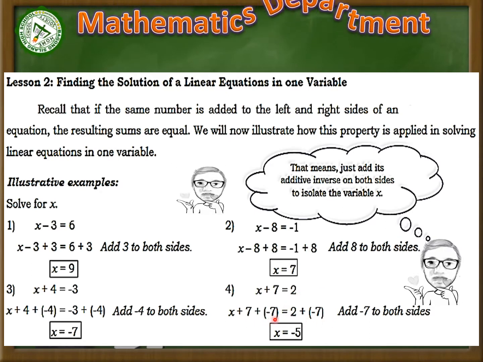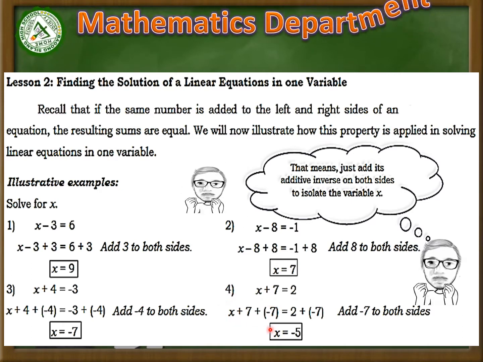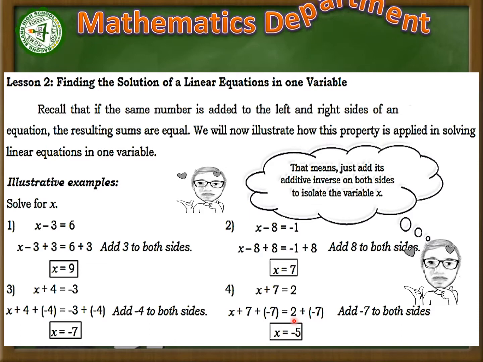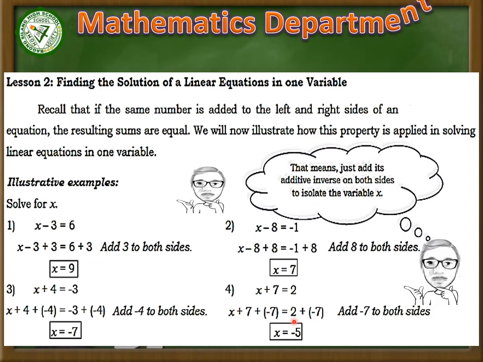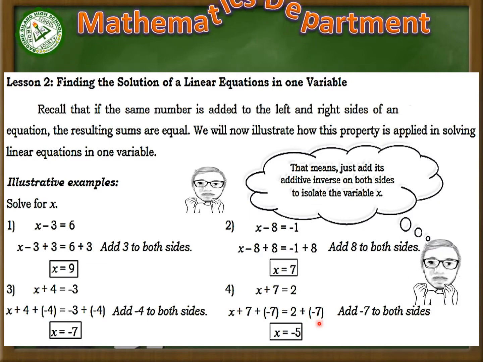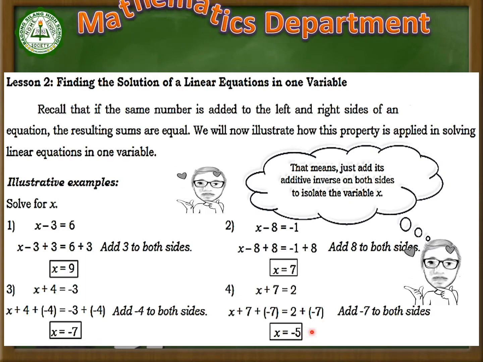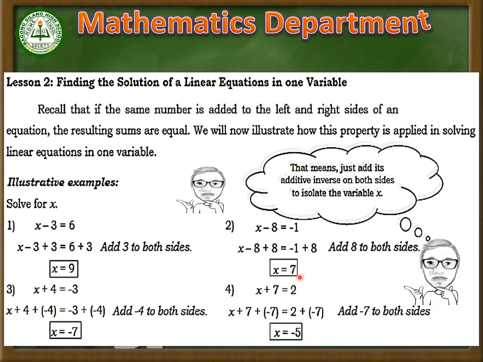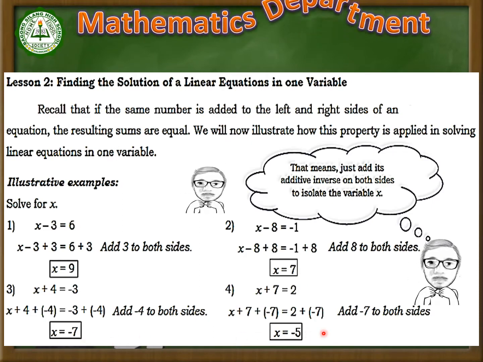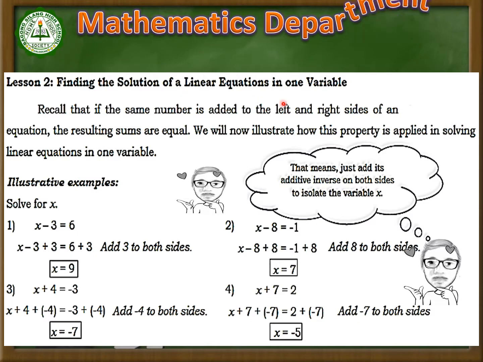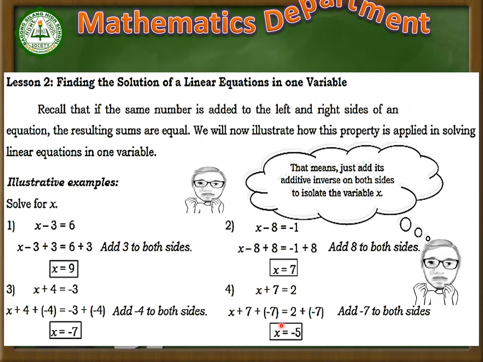So 7 plus negative 7 leaves x on the left side, but on the right side, by adding positive 2 and negative 7, applying addition of integers, the result will be negative 5. And that 9, 7, negative 7, and negative 5 are the solutions of linear equations in one variable.